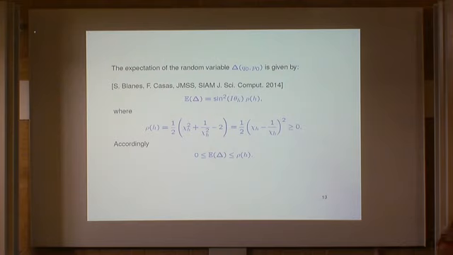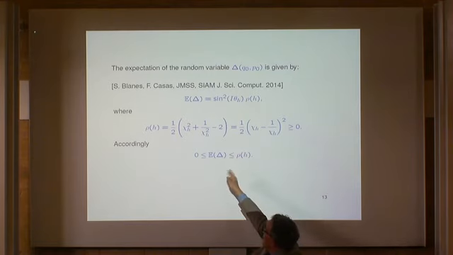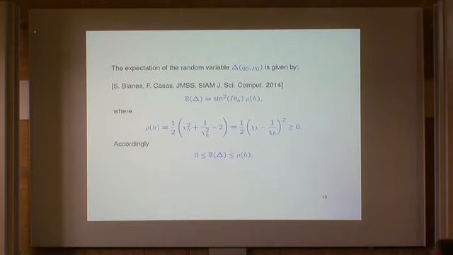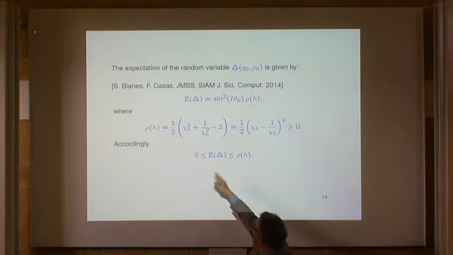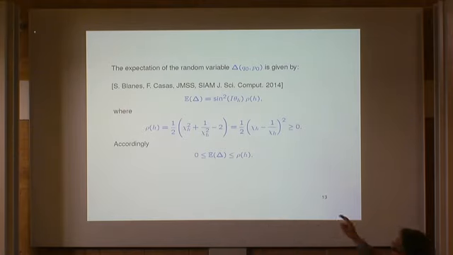But from this chi, you can take it further, and then you can derive this bound for the average energy error. So for each h that you are using for the harmonic oscillator, the error is always positive on average, and is bounded above by this quantity rho of h that you compute in terms of the chi.